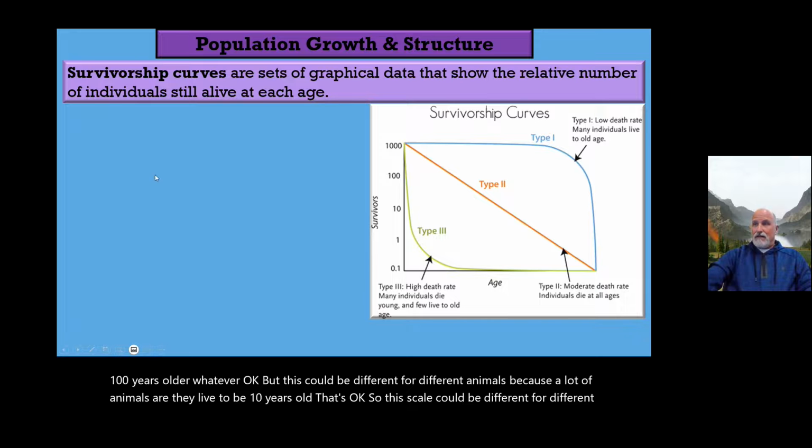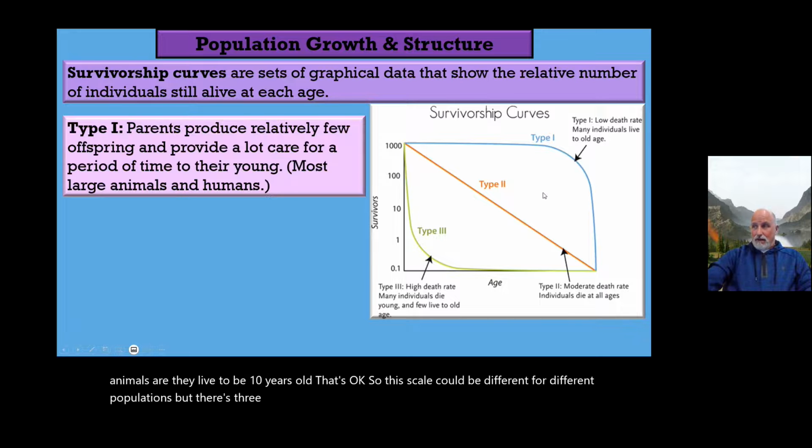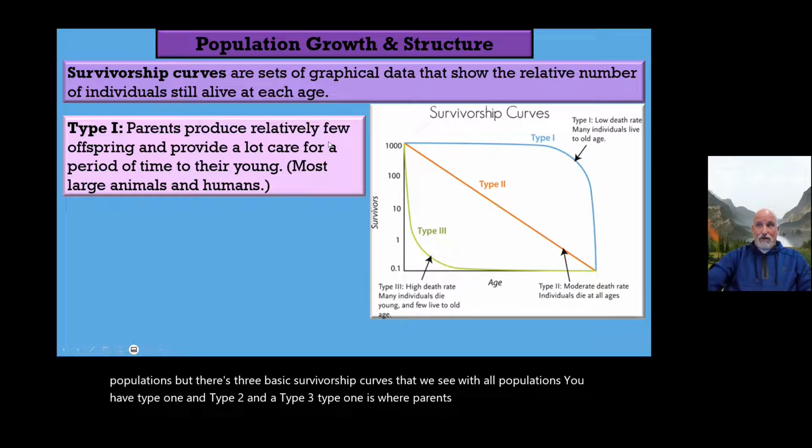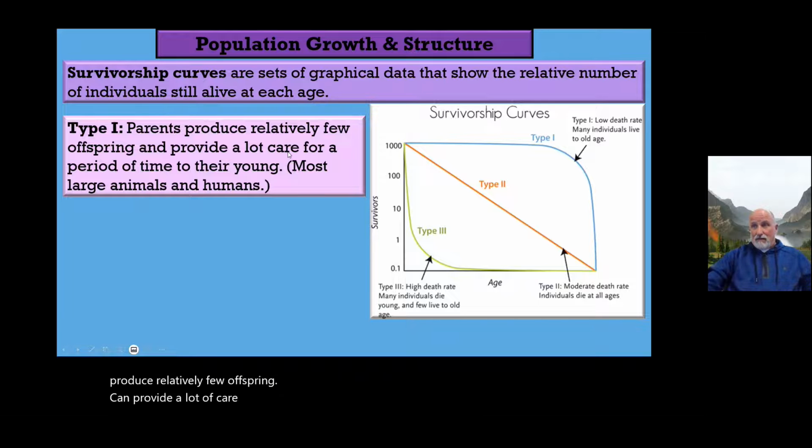But there's three basic survivorship curves that we see with all populations. You have a type 1, a type 2, and a type 3. Type 1 is where parents produce relatively few offspring and provide a lot of care for a period of time to their young. Okay, so that's most large animals.